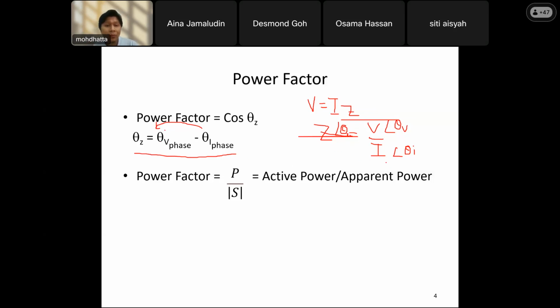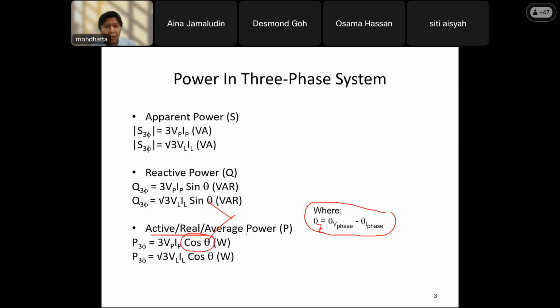Although in terms of finding cos theta it's okay, because cos of a negative theta still gives a positive value, you might get it wrong if you try to calculate the reactive power. So please stick to the arrangement we have, where theta V is minus theta I.